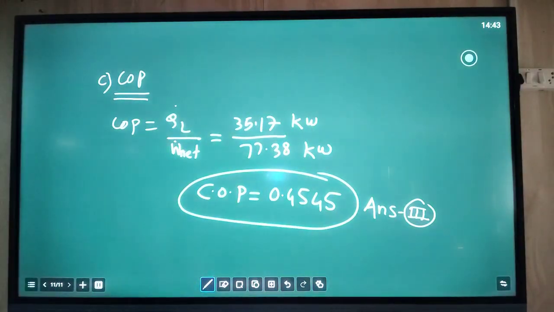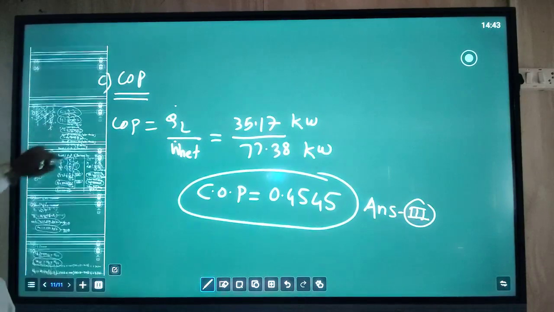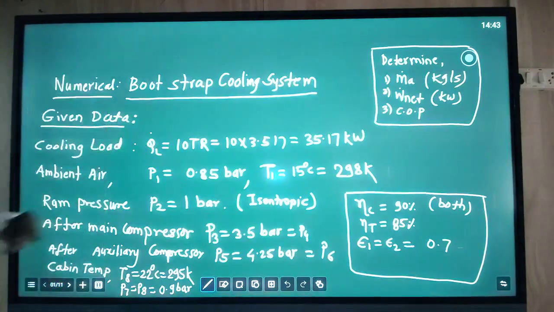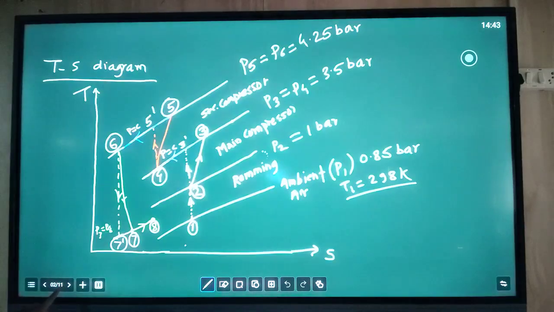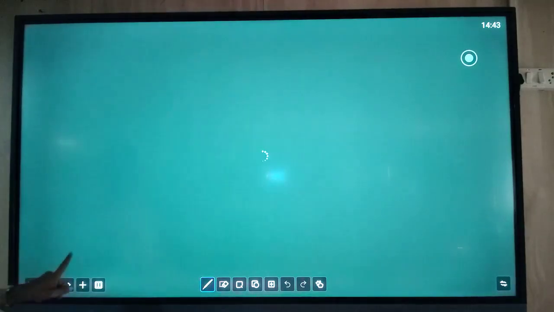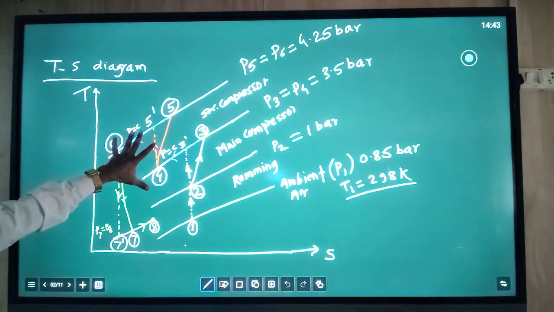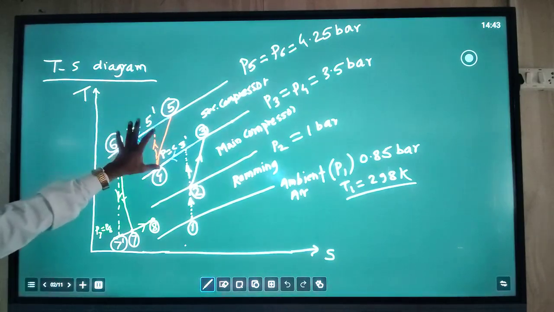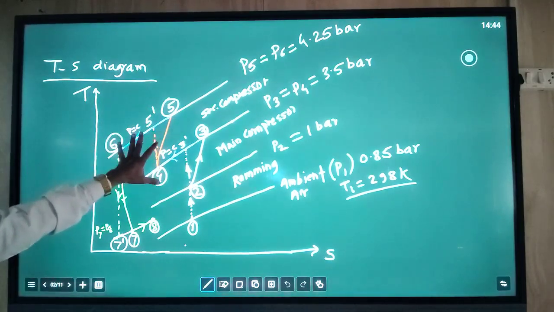So in this way, we calculated all the values which are in the numerical. If you see from the start, here you can see this is the input data given, and then one by one, first of all we drew the temperature entropy TS diagram, because it is needed to write the formulas.